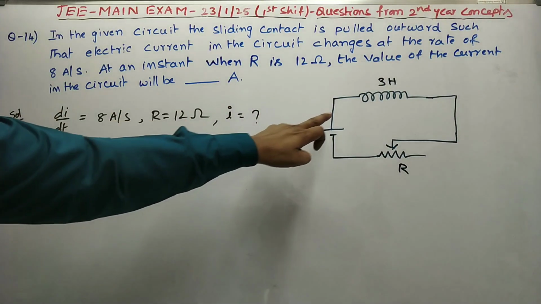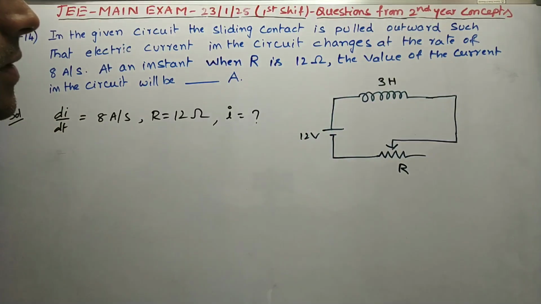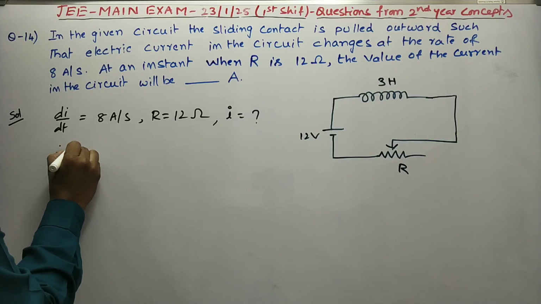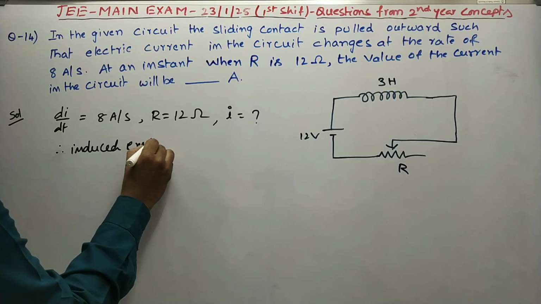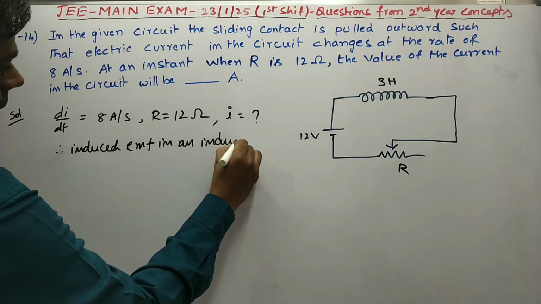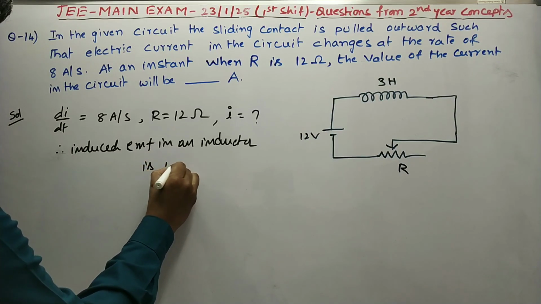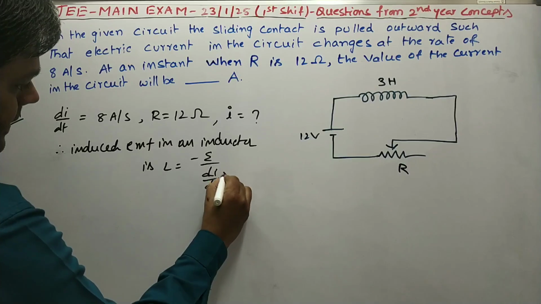Whenever an inductor is connected to a potential divider, due to self inductance an EMF is induced. Therefore, the induced EMF in an inductor is L equal to minus E by di by dt.